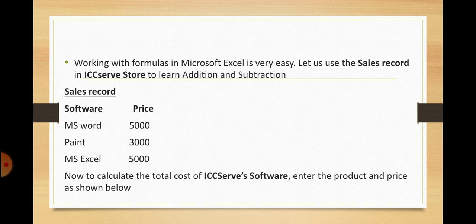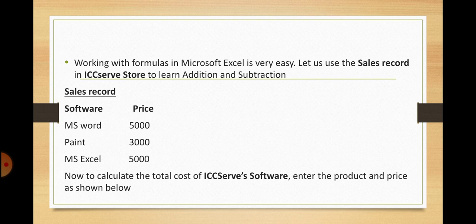The first thing we do is to enter the product and price as shown below in Microsoft Excel. Launch your Microsoft Excel from your computer by going to the Start button. You can type Excel and it will pop up the Excel application, then you left click Excel to open it.